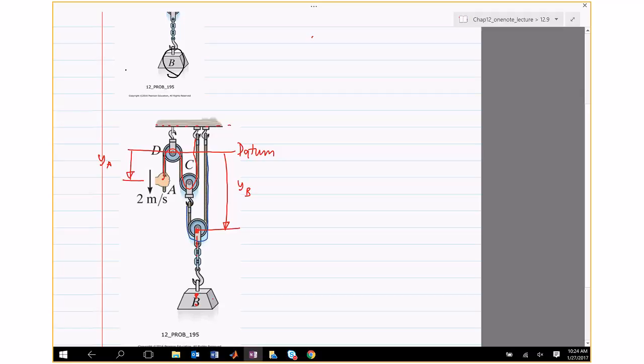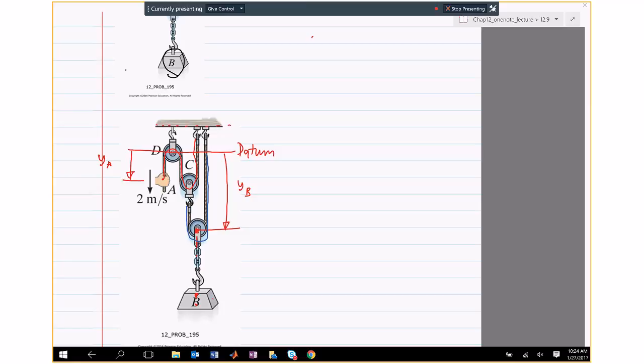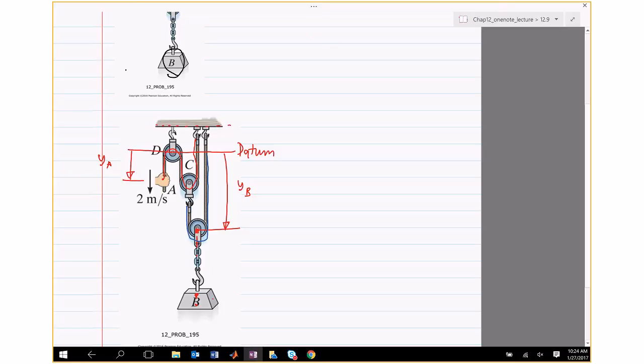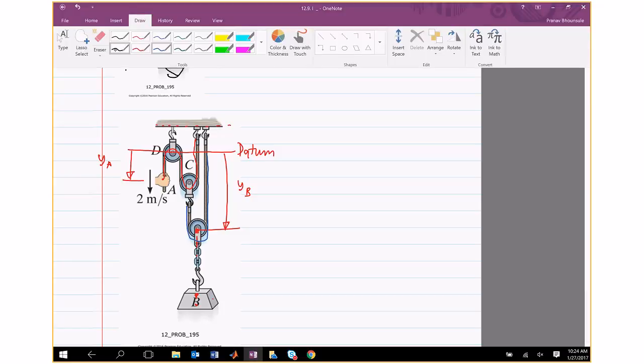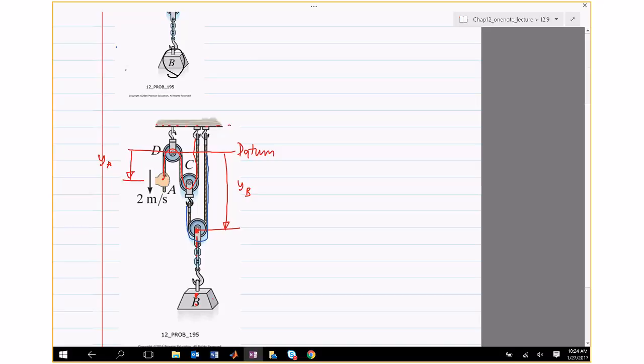So for sure, it may not always be the case, but most likely you'll end up with two equations because there are two cables wrapped around. So let's try to write an expression for the length of the first cable which I just drew. So let's try to write the length of this one.